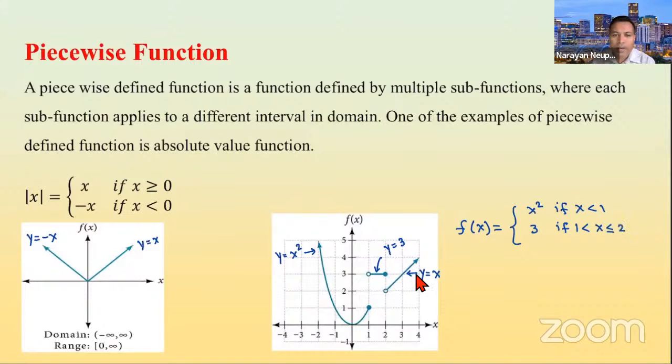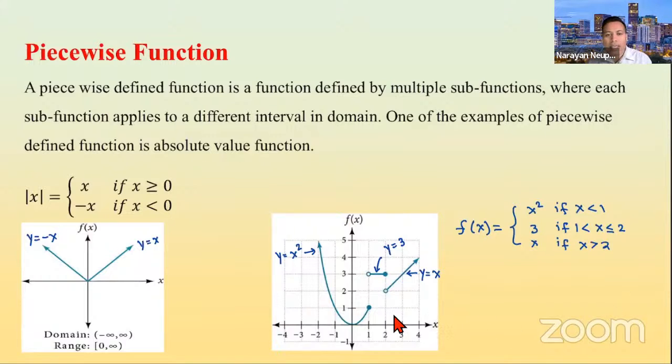And for all values greater than 2, 2 is not included, there is a hole, the function is y equal to x. So f of x equals x if x is greater than 2.